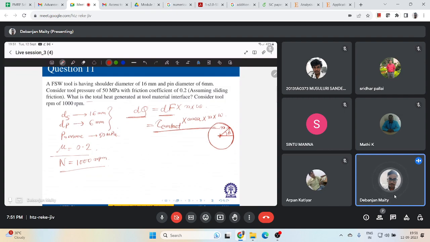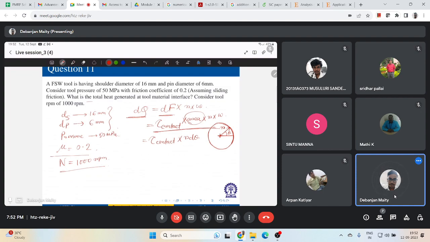Is it okay? Can anyone please respond? Otherwise, I cannot understand whether you are getting it or not. Yes, sir. Okay. So, what will be the area for a cylindrical portion? Tau contact. Will it not be like this?